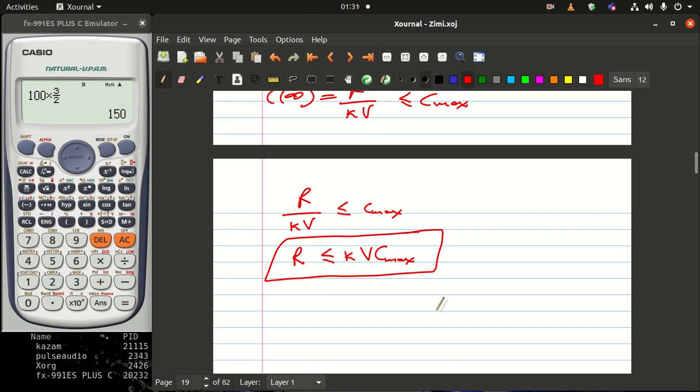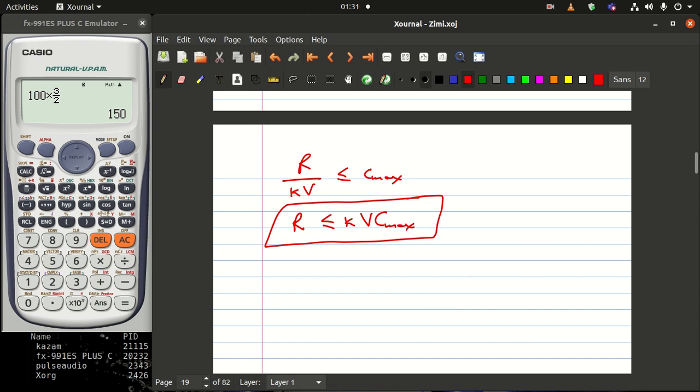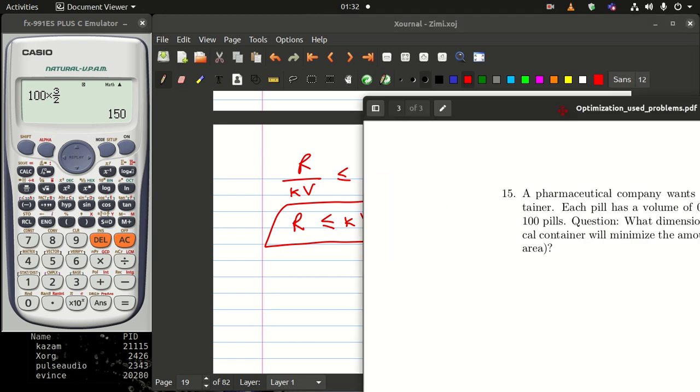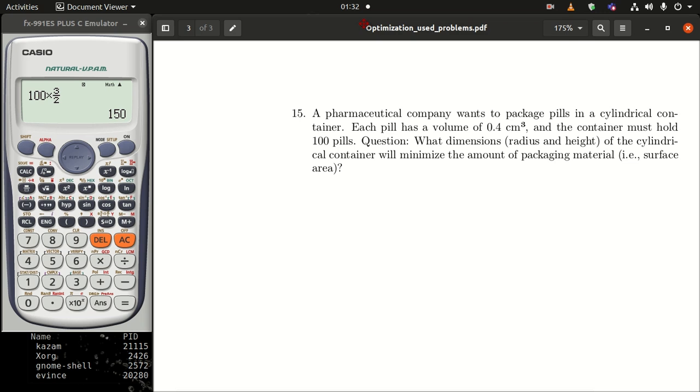That is what you do in this question. So as long as we have R equal to that, we'll be fine. Let's go to number 15, and then we can call it a day.